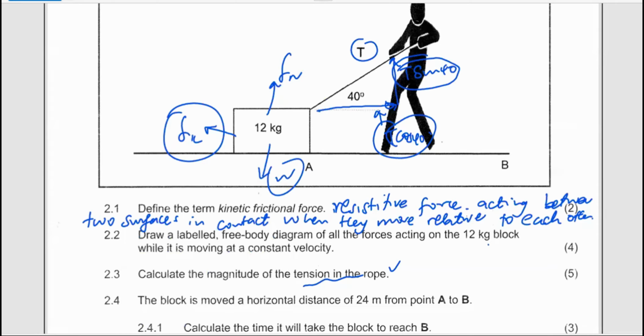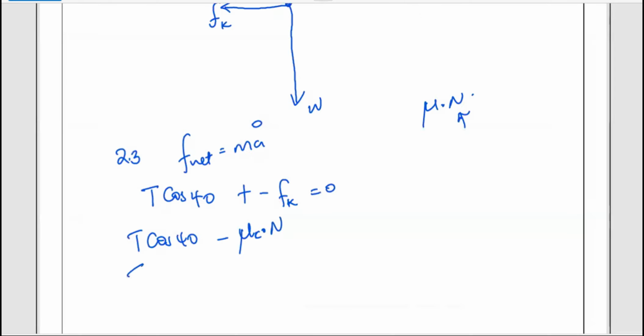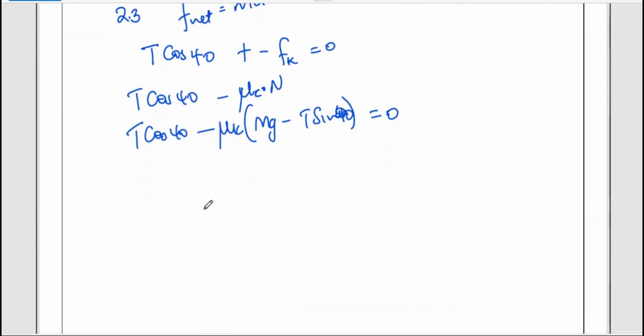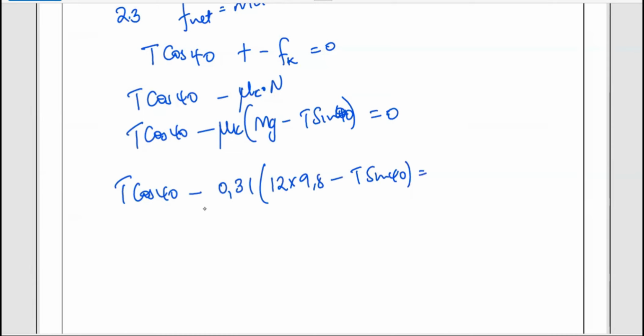So T cos of 40 minus mu K into mg minus T sine of 40 should give us a 0. Let's substitute: T cos of 40 minus 0.31 into the mass, 12 times 9.8, minus T sine of 40 should give us a 0.